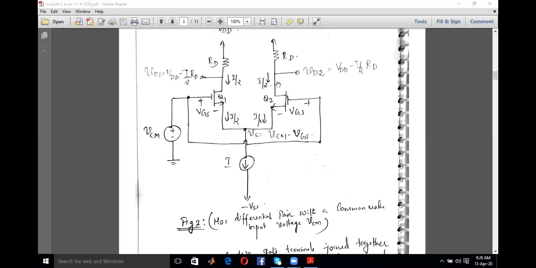If these two terminals act as the two output terminals, the measured value is nothing but the potential difference between them. As VD2 is equal to VDD minus I by 2 RD and VD1 is equal to VDD minus I by 2 RD, these two voltages are the same. So the potential difference between these two terminals will be zero, which means your output is zero.